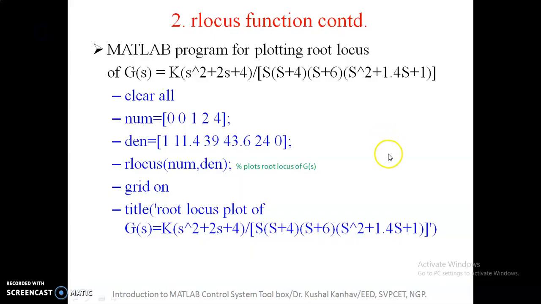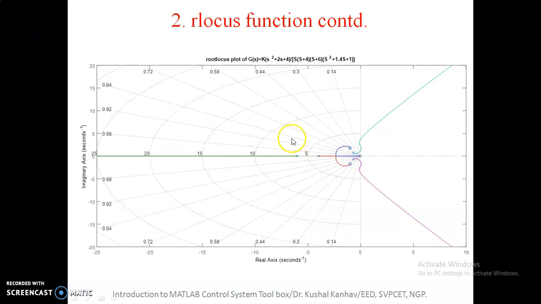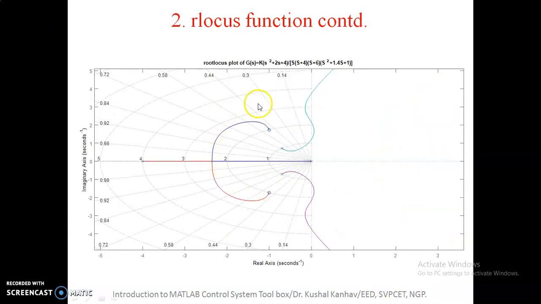So we have seen this program for root locus. This was the plot that we have obtained, and this was the magnified image. If you want to magnify the image and see it properly, then you can do this using that plus sign, zoom. You can zoom the image.